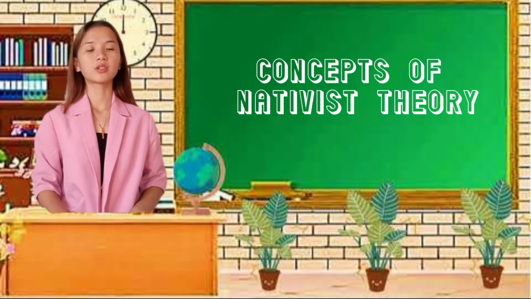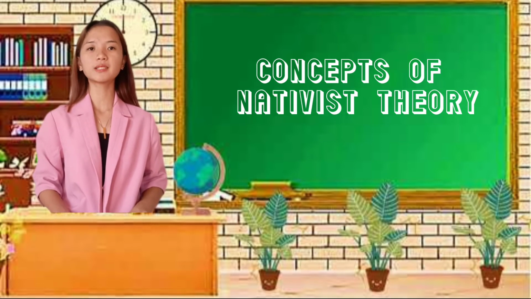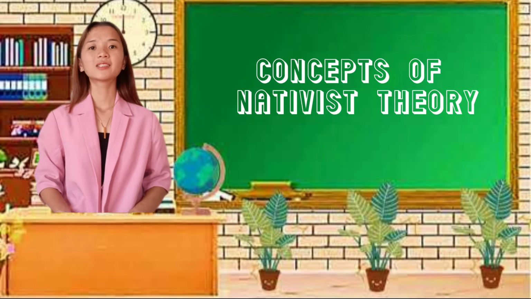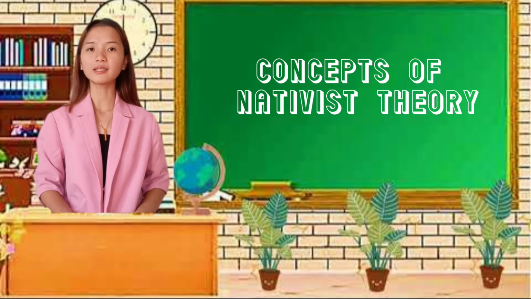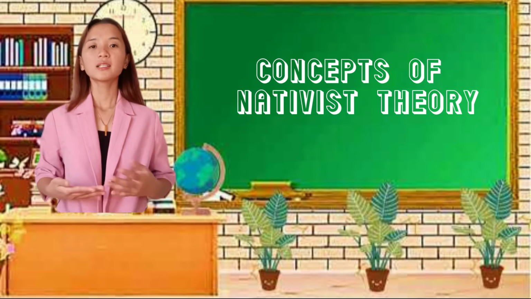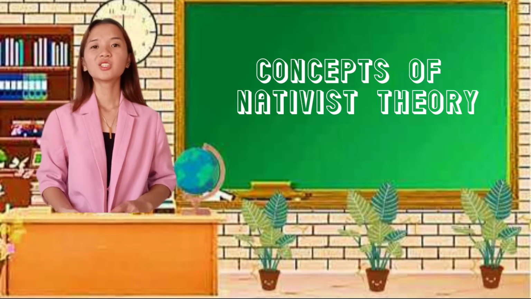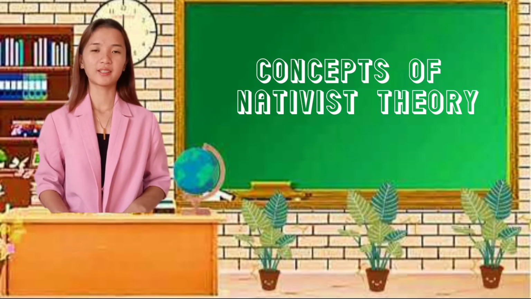The first one is the construction of formally explicit models of linguistic knowledge. Second, the search for the general principles that could limit the space of possible grammars. And the last, the methodological assumption that grammatical knowledge and grammatical usage should be treated as distinct.